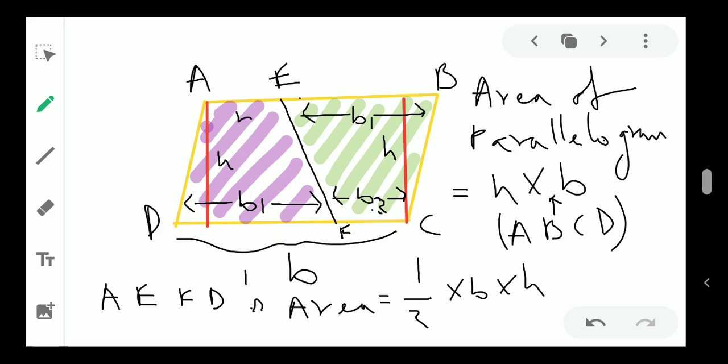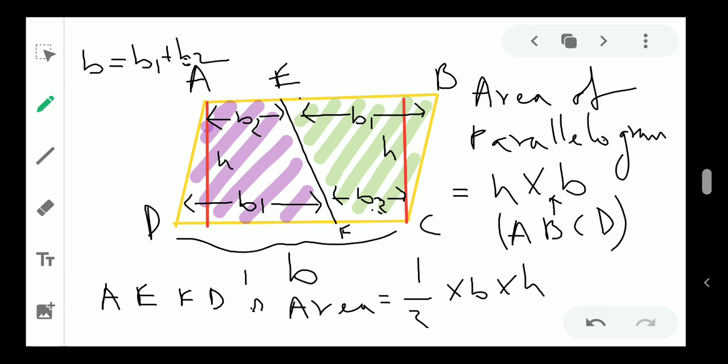So we can write that B is actually B1 plus B2, because if we add B1 and B2, only then will we get the total B.